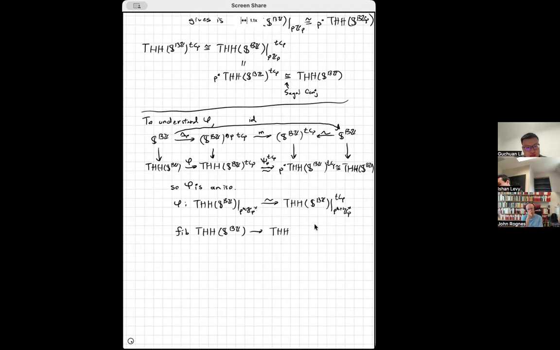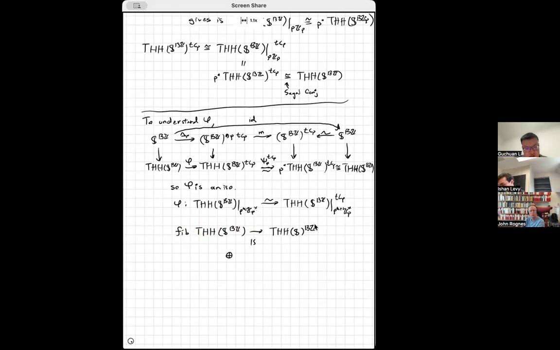And so we're interested in really the fiber of this map of cyclotomic spectra. So this is what we wanted to understand, and now we understand what it is as a cyclotomic spectrum. This map was given by evaluation at 0, and so the fiber is exactly everything that's away from 0.